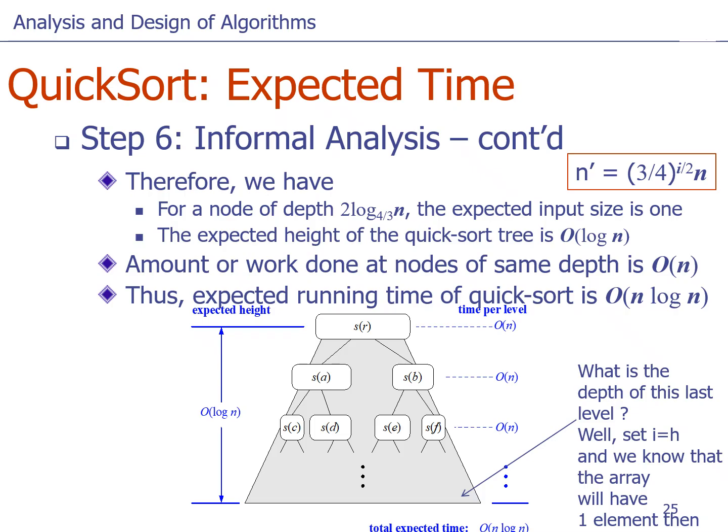But here we have a random factor, which is that every time we roll a dice to figure out which pivot to pick. What that means is that for the same input, this tree of divisions of the input array is going to change slightly from one run to another. But what is interesting is that it will always be of height log n, and we're always doing n processing in every level, which means it's an expected running time of n log n.